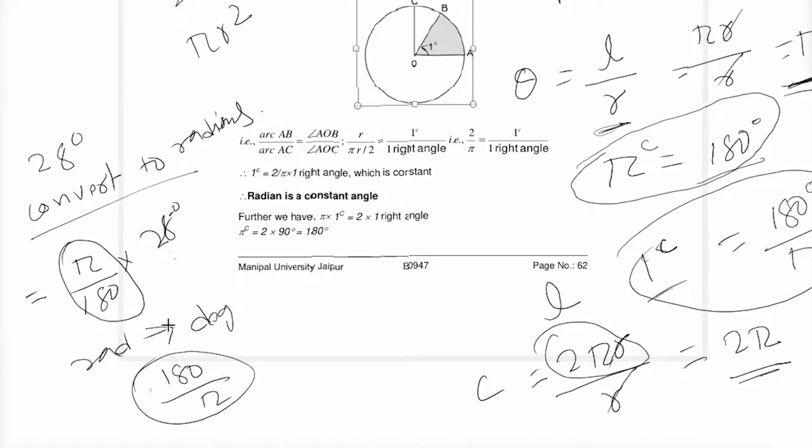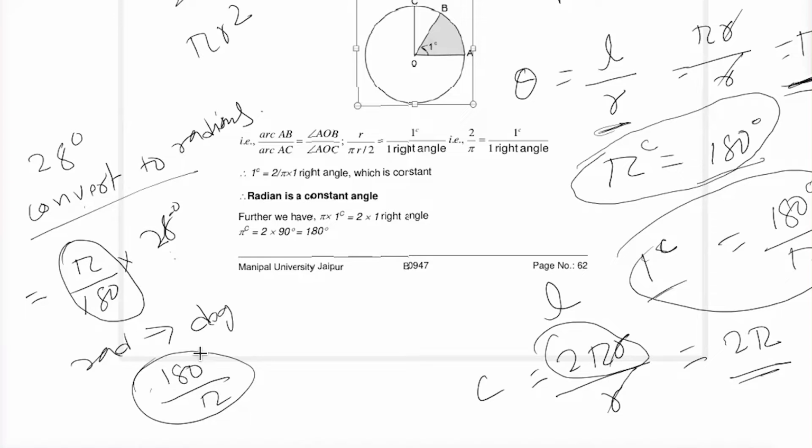In one case we multiply pi by 180 and in the other 180 by pi. But at exam time we may get confused about which one to use when, so I have one trick to remember. We already know 180 is degree.